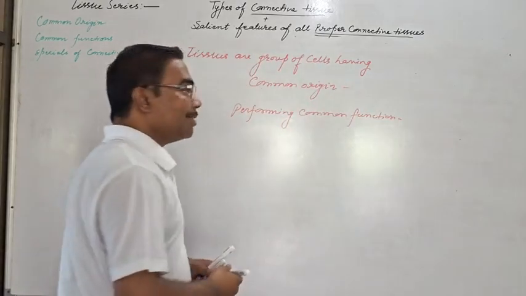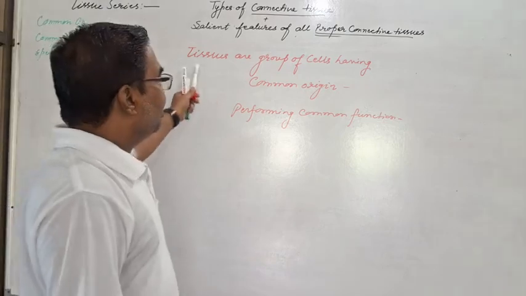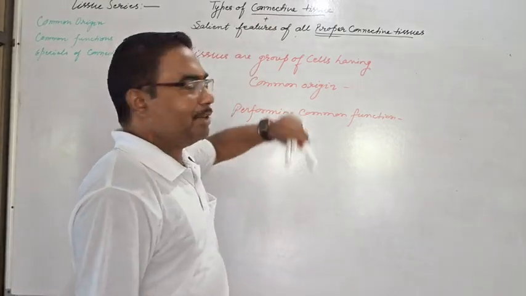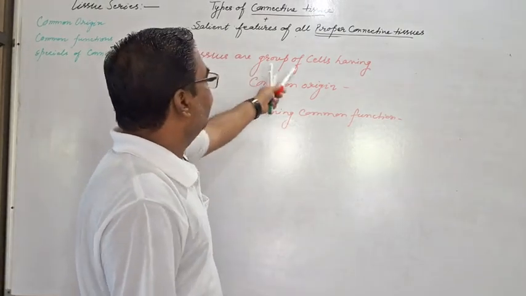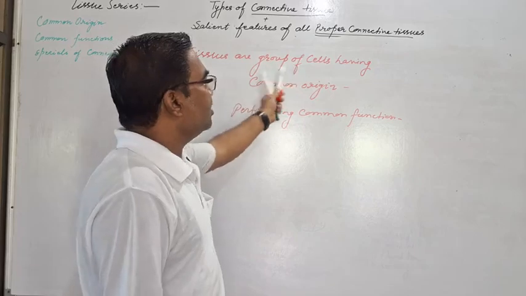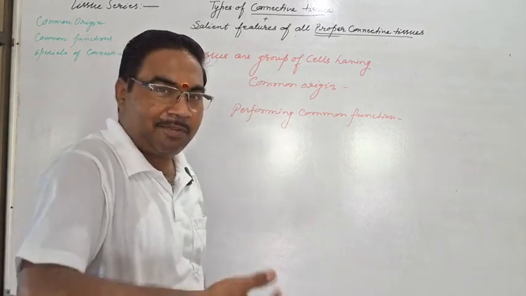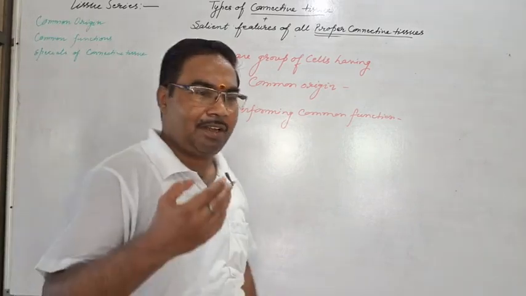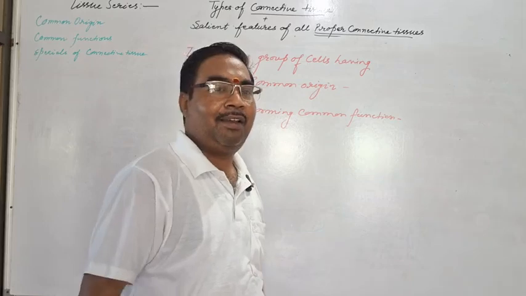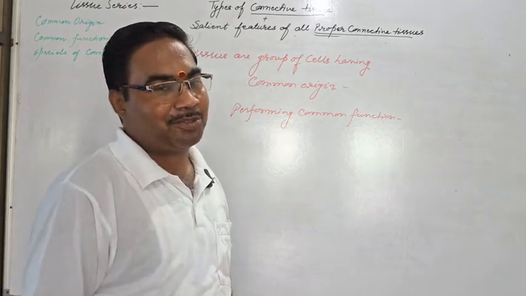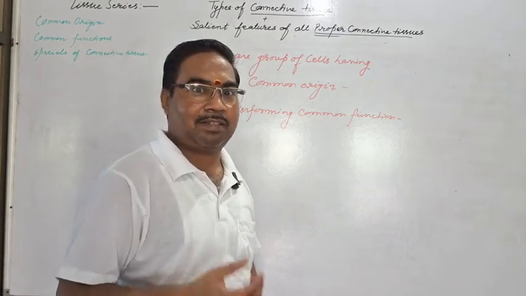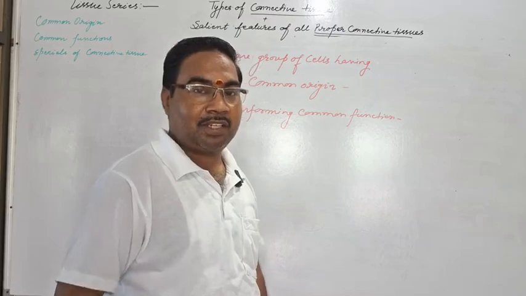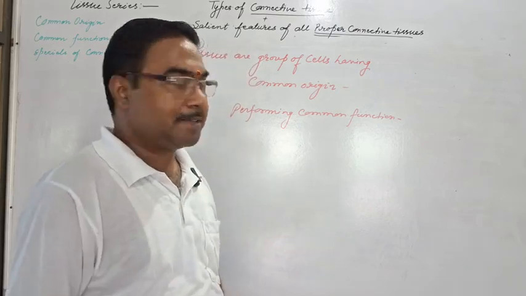Now you can answer yourself. Tissues are a group of cells. That means what we are going to explain, connective tissue, is a tissue. That means it is a group of cells. Many different types of cells are present. When I discuss the areolar tissue, you will find many specific types of cells, like fibroblast, mast cells, mesenchyme cells, chromatophores, then plasma cells.